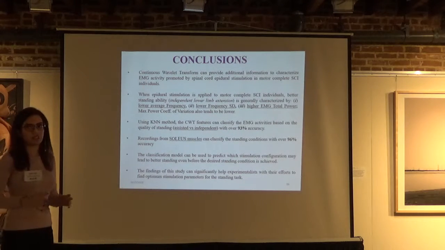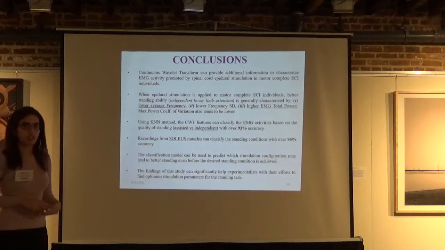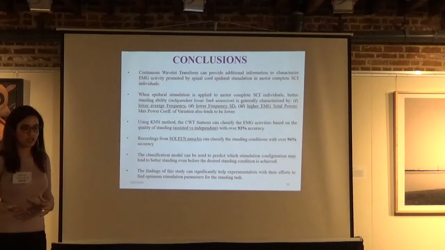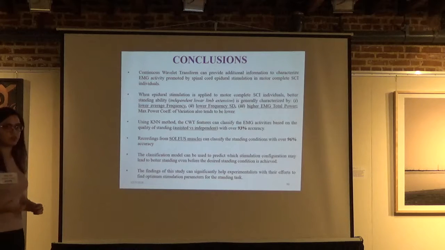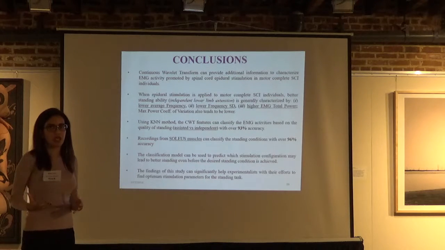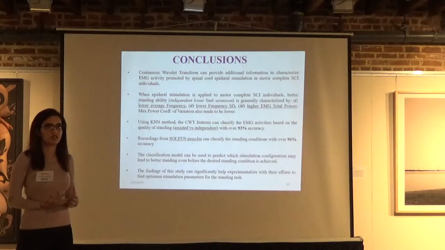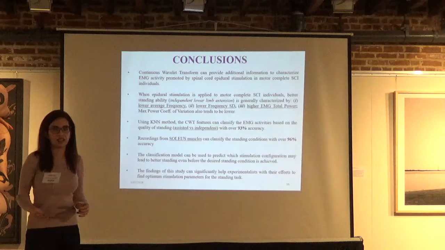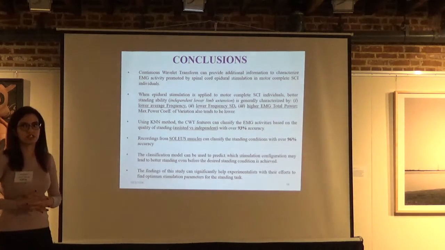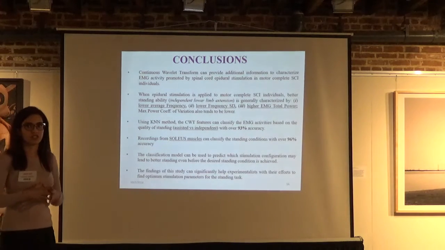The classification model can be used to predict the best stimulation parameter that can lead to independent standing, and these findings can help experimentalists with their effort in finding the best stimulation parameters, because in a lot of cases the subjects have to go through several sessions. Sometimes they look for months to find the best stimulation, and it's a very exhaustive search, and this extra information about the muscles can help them reach their goal faster.